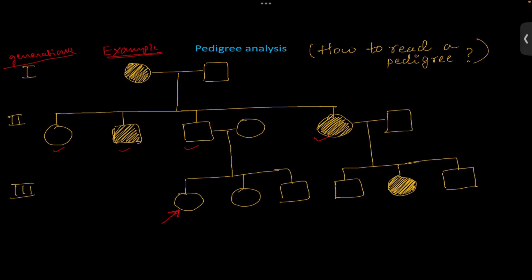This lady married another man, and they had their own children. Similarly, this male has married another female, and they had their own 3 children. And now this is you. Suppose this is you and you are being interviewed, and through whatever answers you have given, a complete pedigree with 3 generations is drawn. So this is how you should read a pedigree, or draw a pedigree.